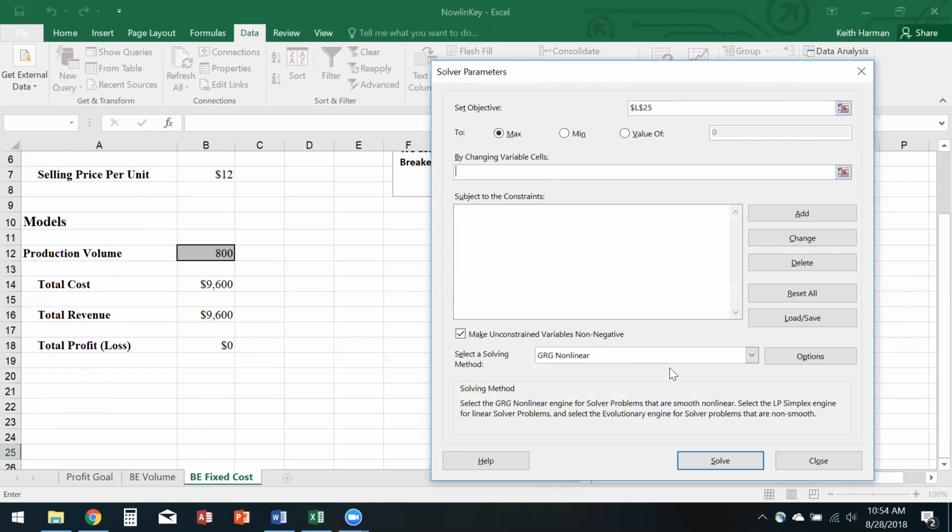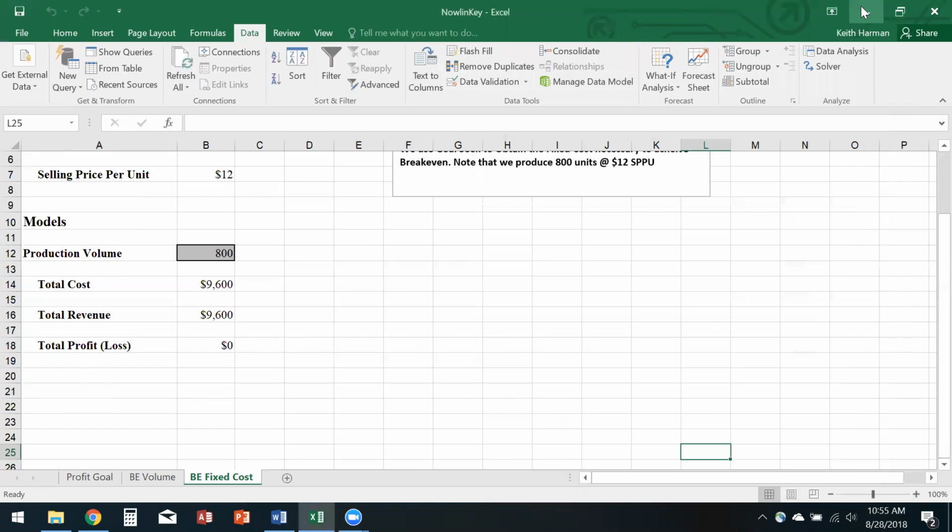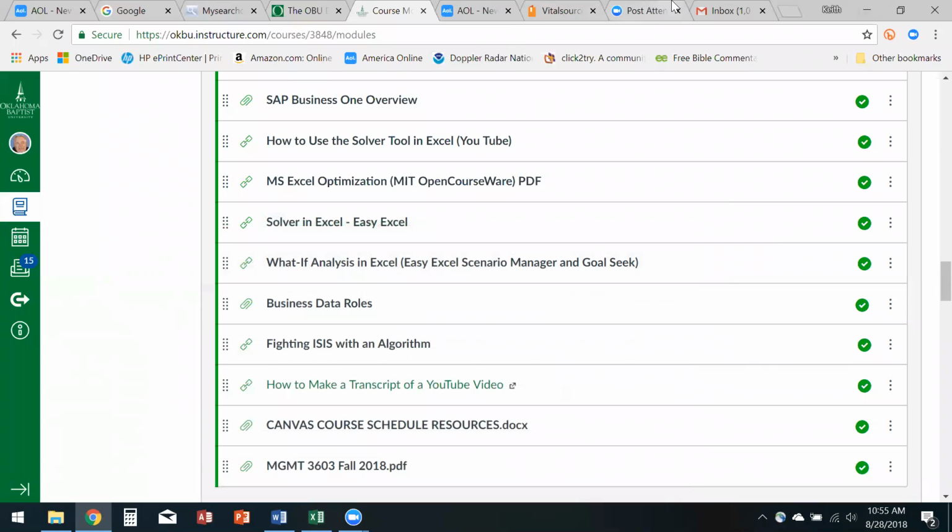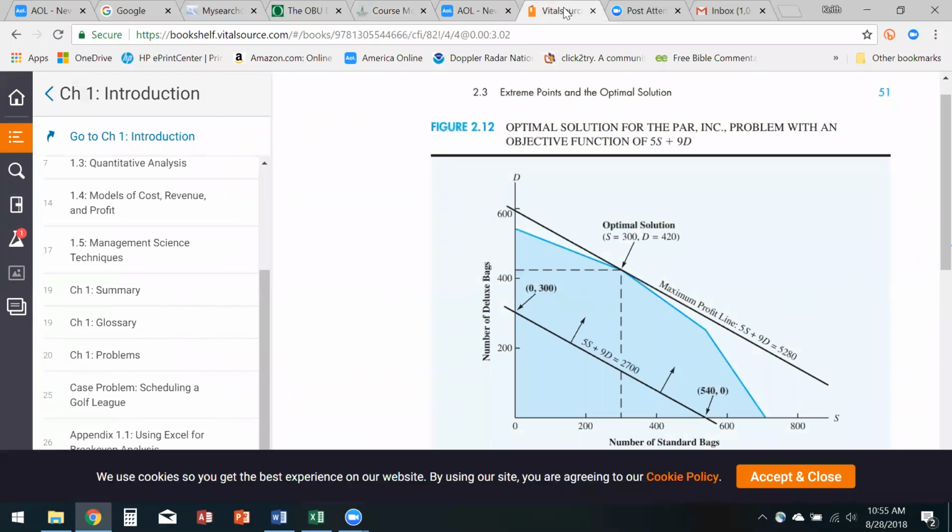And we identify a feasible region. I'm going to close this for just a second and go back to the textbook.